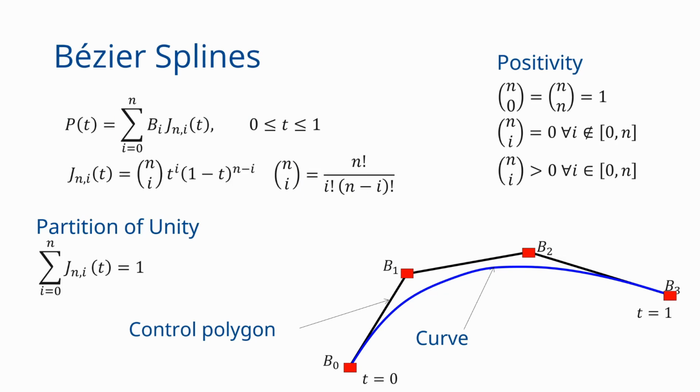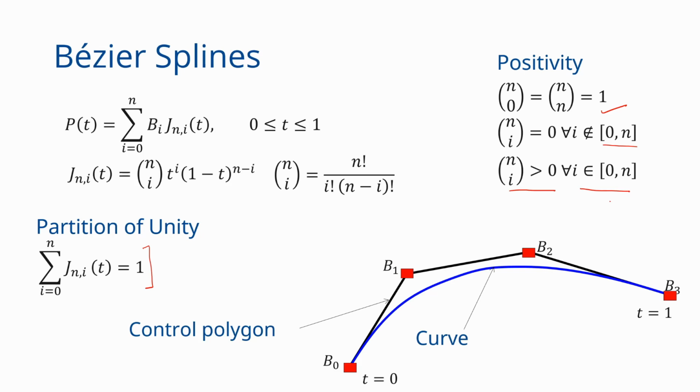Now let us look at some properties of the Bezier splines. For any value of t, the Bernstein basis functions will add up to 1. You can verify this later by yourself. The Bernstein basis is also always positive. n choose 0 and n choose n are defined as 1. n choose i is 0 if i is outside the 0 to n span, and n choose i is greater than 0 whenever i is between 0 and n.